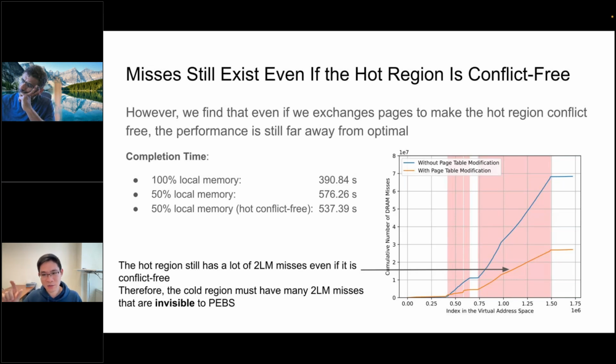But if we look at this graph, the pages outside the hot region do not seem to generate a significant amount of DRAM misses. So what we can conclude is that in the cold region, there must be some 2LM misses that are invisible to PAPs. PAPs is not able to capture those 2LM misses.